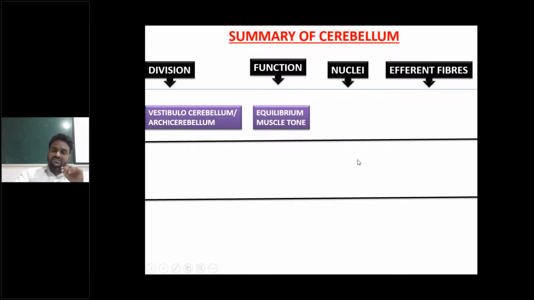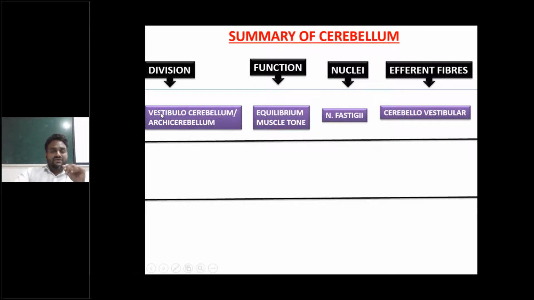Which nuclei are present? Only one nucleus, the nucleus fastigii. What are the efferent fibers from the nucleus fastigii? These are the cerebello-vestibular fibers. You see how brief it is.